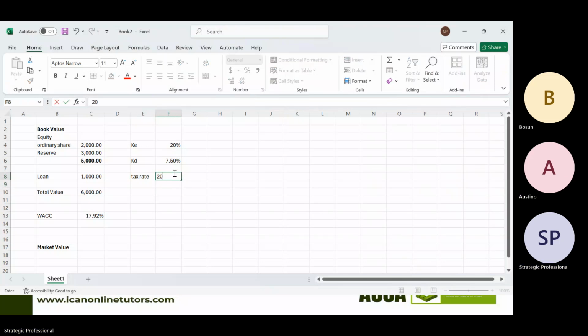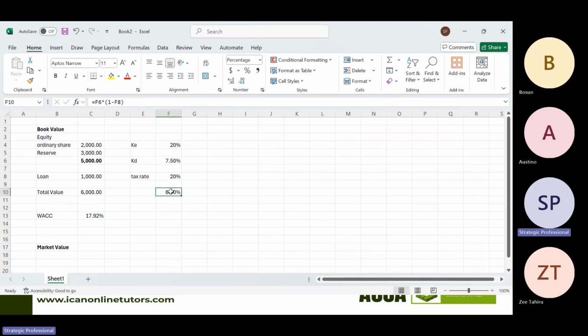How do you get your post-tax cost of debt? What you need to do is take this pre-tax cost of debt, which is 7.5, multiplied by 1 minus your tax rate, 1 minus 20%. So you get 6%. This is your post-tax cost of debt.